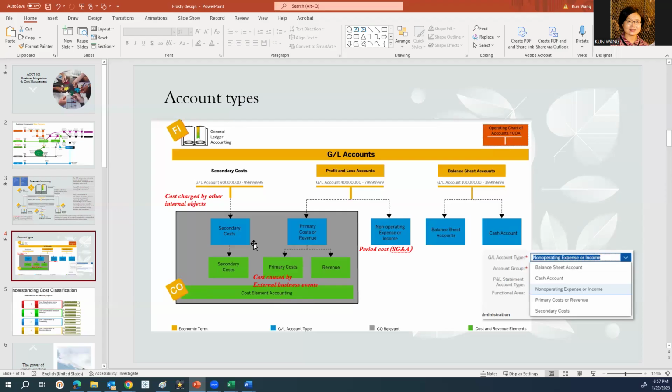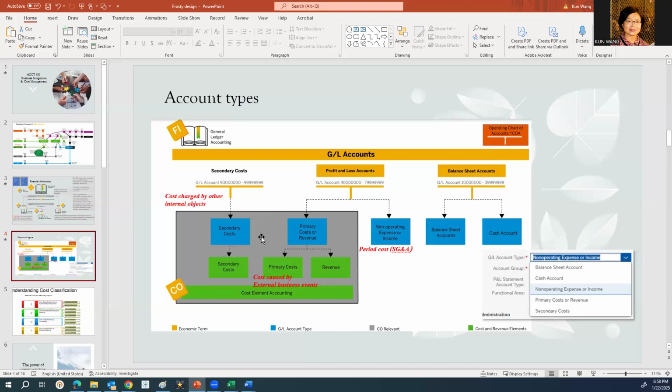Under cost element accounting, you can see under the income statement accounts, like the cost expenses affecting the profit and loss, they are separated into categories. The gray area means the product cost.